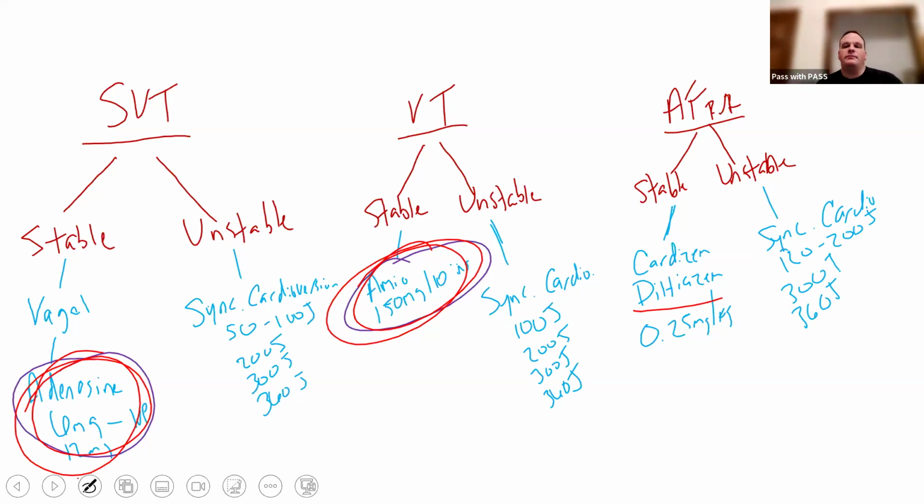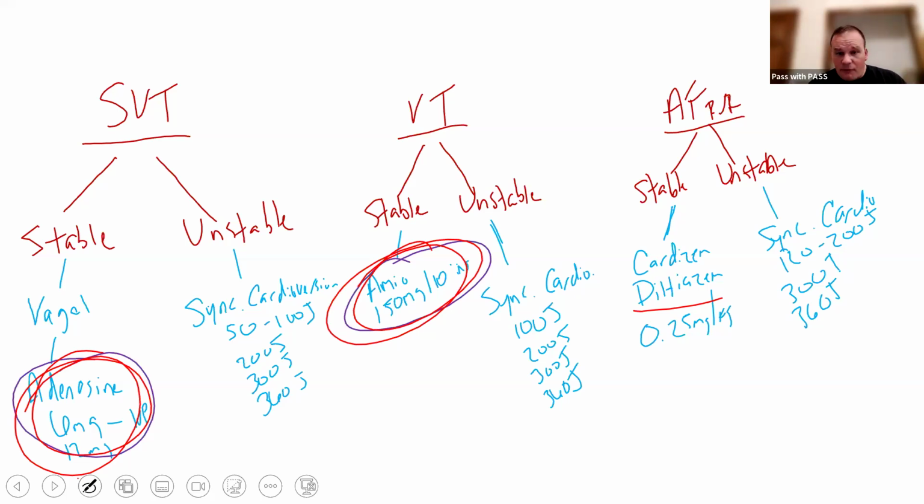Now, any questions about SVT or VTAC before I erase this and talk a little bit more about AFib with RVR and the synchronized cardioversion aspect? So any questions about stable SVT or unstable SVT, stable VTAC or unstable VTAC?